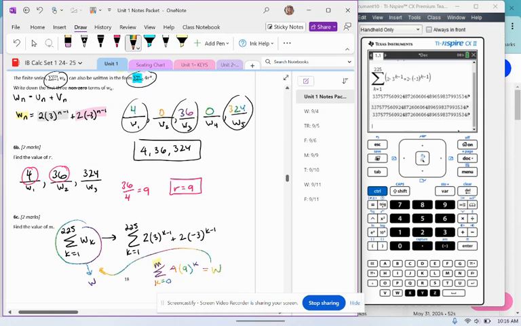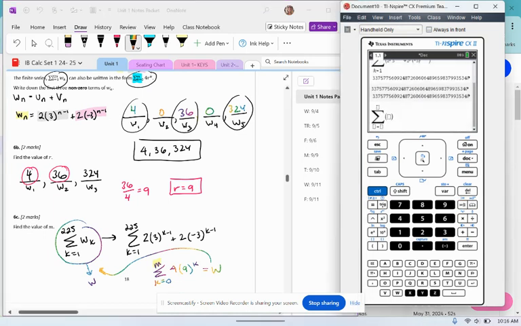Because then that will tell me what M is, right? So check it out. I feel like I'm not explaining this very well, but you've got K equals 0, right? I'm just typing in the sigma that I have over here. And then this is M. And then I have 4 times 9 to the K.